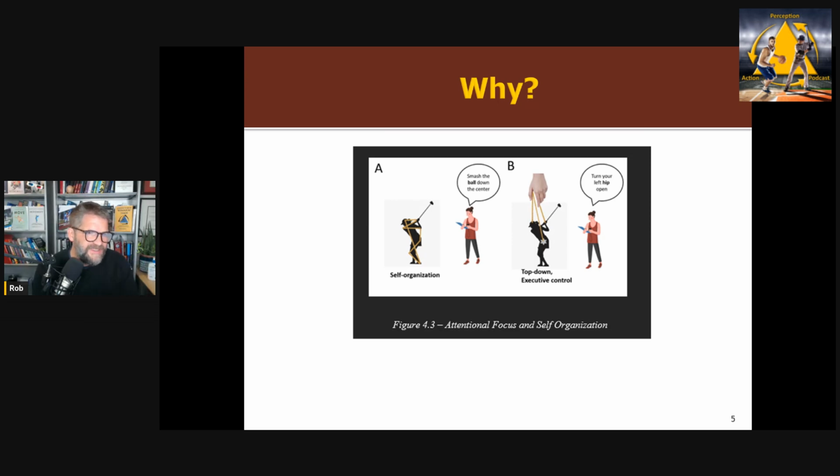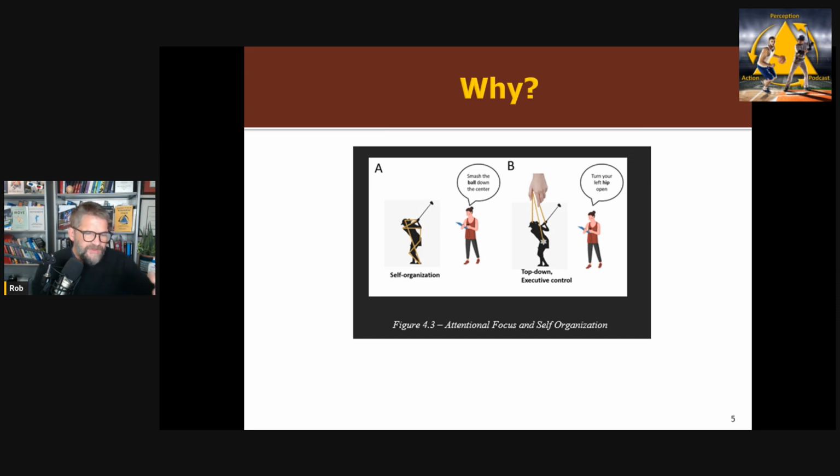So when we focus internally, we're essentially trying to impose top-down control, executive control, keep your hip in, right? Keep your hip open, whatever it is, right? So those are the two kind of explanations, okay, for this distance effect. And there's also kind of an informational one, right?